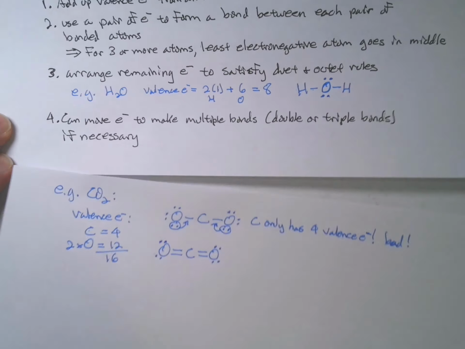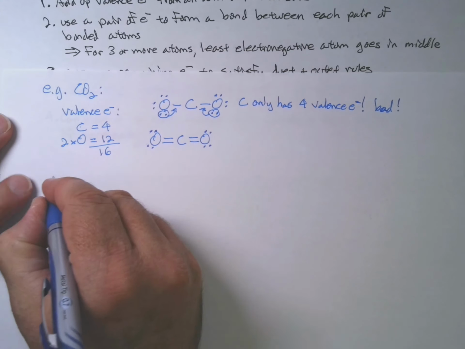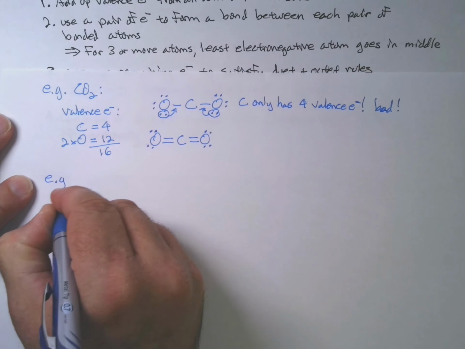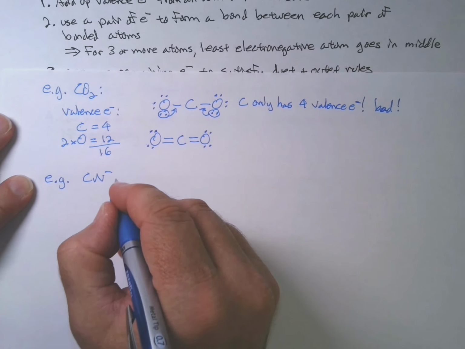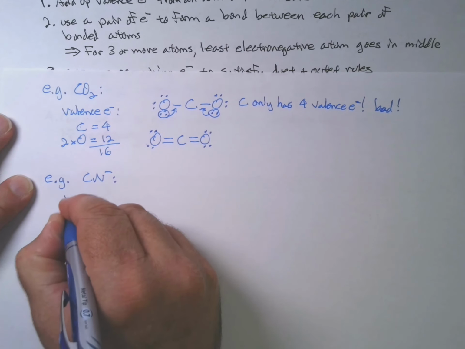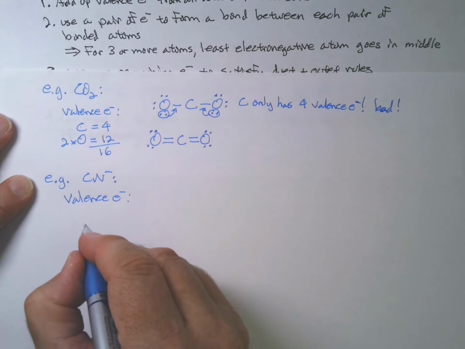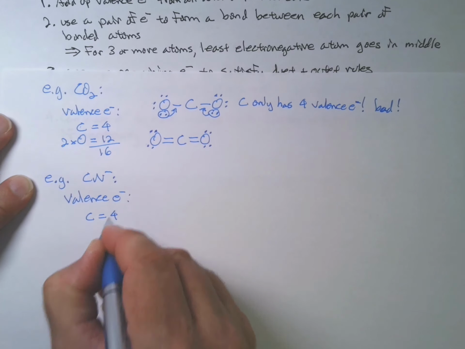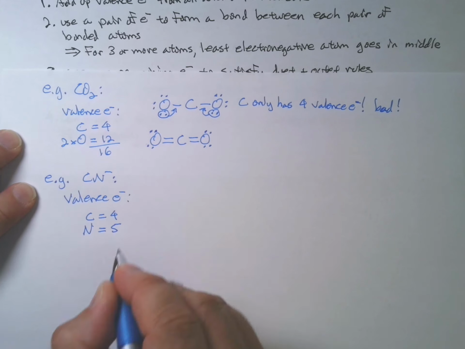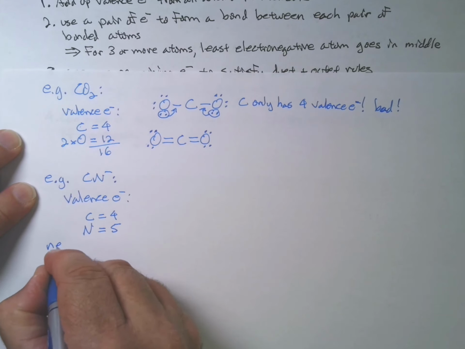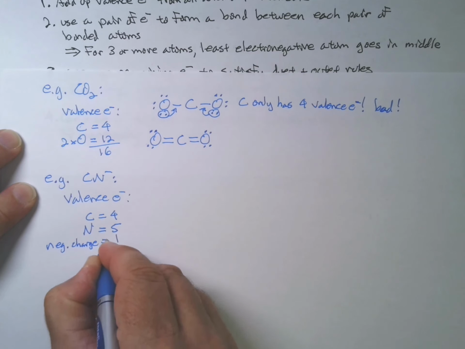And then let's do another example here. Let's do an ion, CN minus. So my valence electrons: carbon brings 4 to the party, nitrogen brings 5 to the party, and then my negative charge is 1 electron.